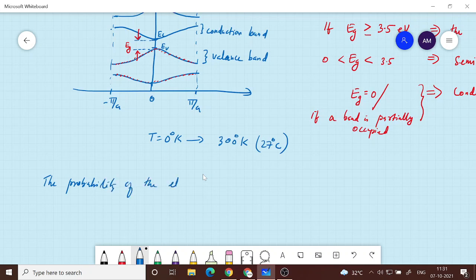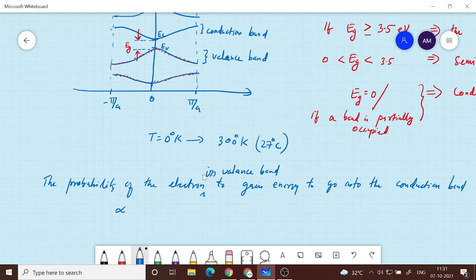the probability of an electron in the valence band to gain energy to go into the conduction band is proportional to e raised to minus EG by kBT. Here kB is the Boltzmann constant, and T is temperature in degree Kelvin.